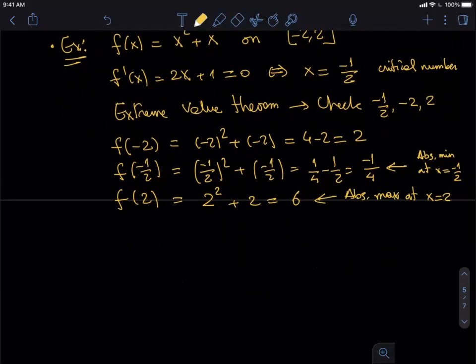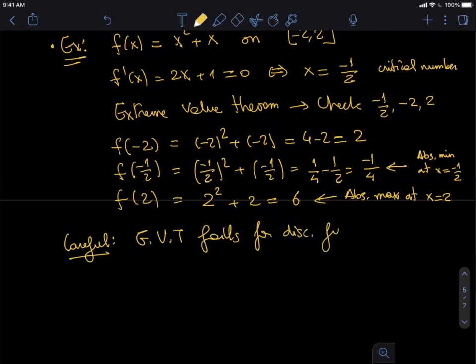Now, careful here because the theorem fails for discontinuous functions or open intervals.